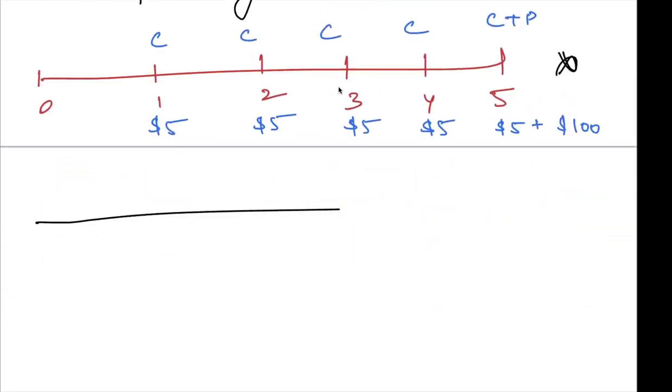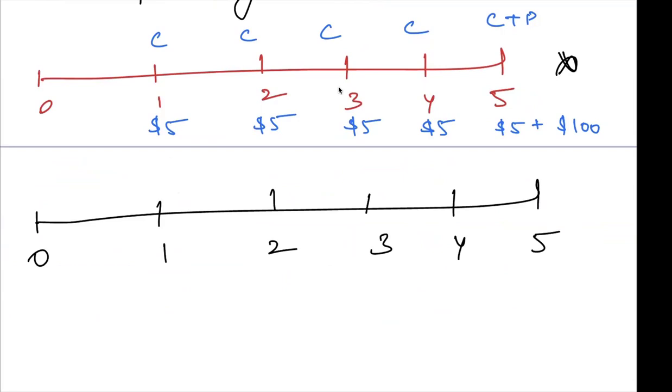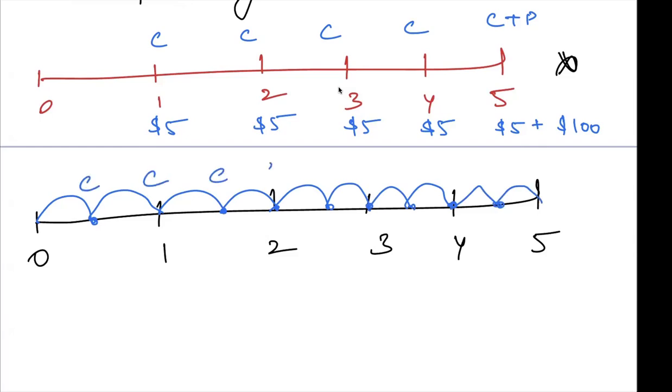What is the right thing? 0, 1, 2, 3, 4, 5. If compounding is semi-annual, in 1 year how many times will you receive coupon? 2 times. So coupon, coupon, and so on, and in the end coupon plus principal.